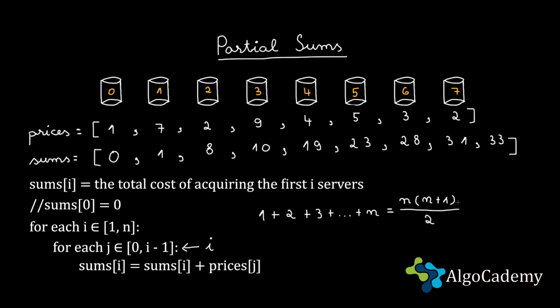So this is the total number of additions that your program has to do. For n equals 10,000, that's a lot, right? Obviously, the time complexity of computing these partial sums is big O of n squared, because we don't take constants into account.